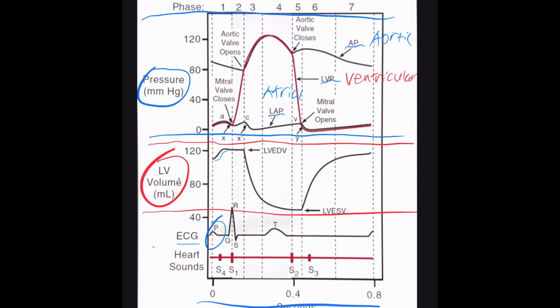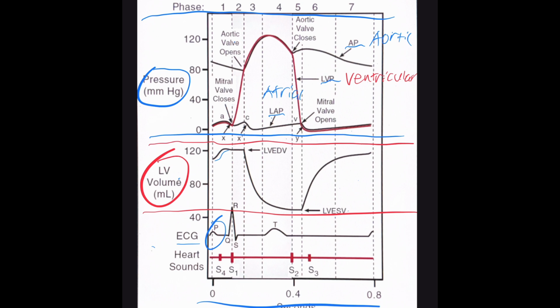So just after we see on the EKG that it depolarizes, just after, we see a change in not only the atrial pressure, but also the ventricular pressure. The atrial pressure is happening because it's squeezing. Think about it like you're squeezing something, you're putting pressure on it.